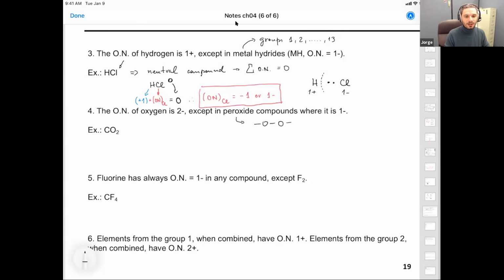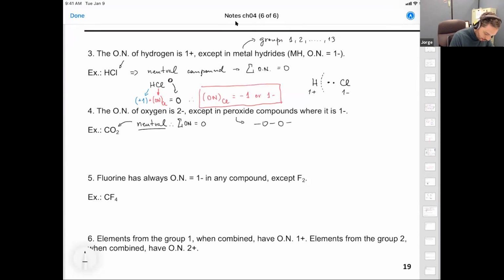The first thing I have to look at is the charge of the compound. If there is no number in the upper right corner, that means the compound is neutral, and therefore the sum of the oxidation numbers has to be 0.